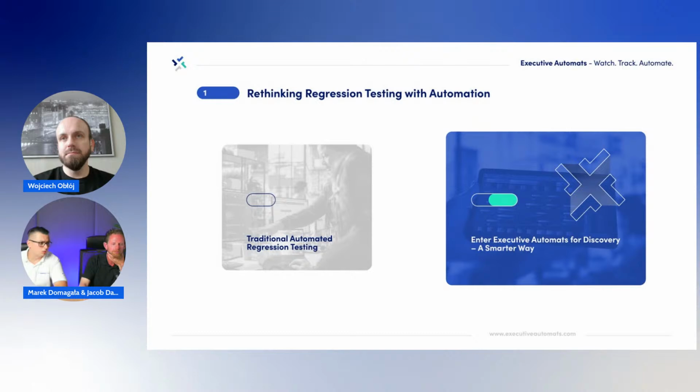Maybe Wojtek could tell us about how we can reduce the devotion of the SME while picking up the right processes. Wojtek, I'll share your screen so everybody can see this. We can talk about how we can identify what should be tested.